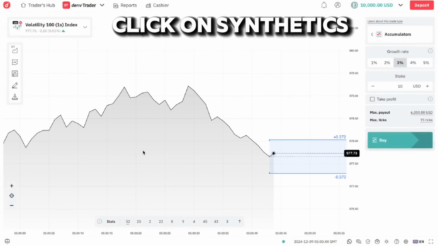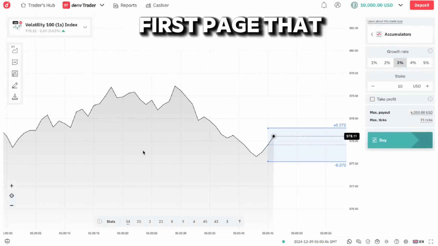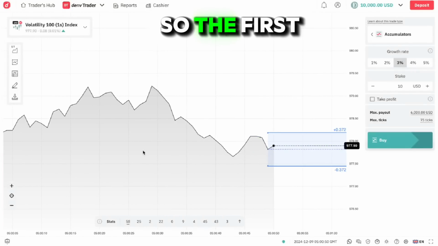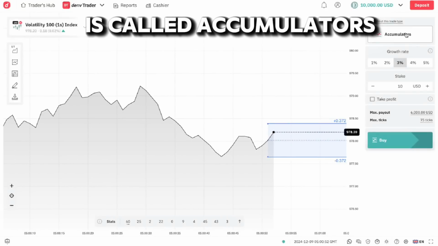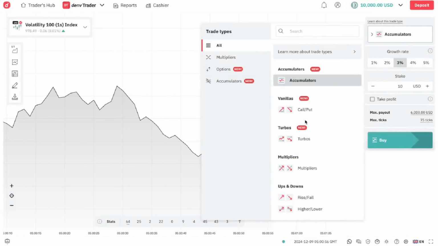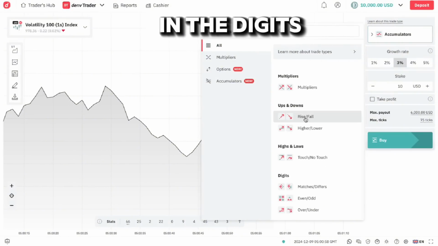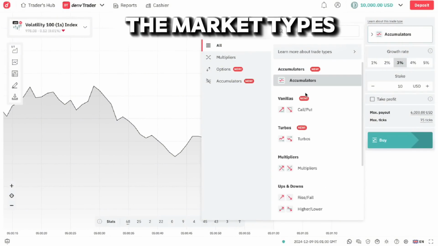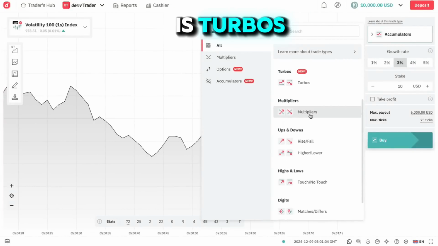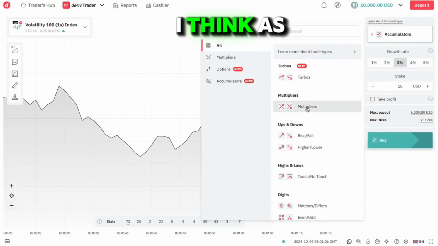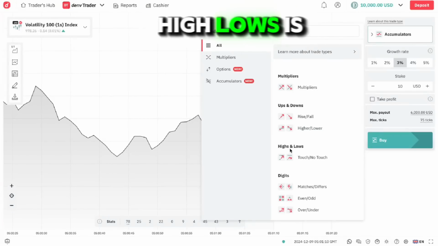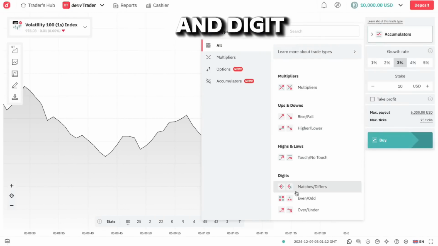When you click on synthetics, this is the first page that loads. When you click on Deriv Trader, the first market that you usually see is called accumulators, but most people don't trade accumulators. Most people trade in the digits market. So the market types are accumulators, call and put, doubles, this is a new one I think, multipliers, up and down, this is rise and fall and higher lower, touch no touch, and digits.